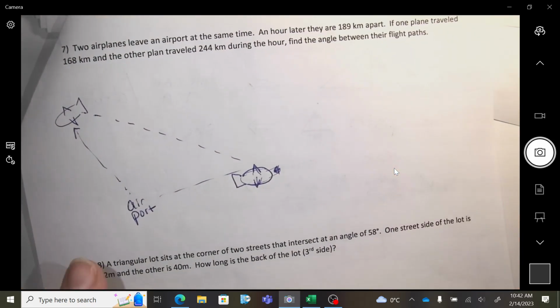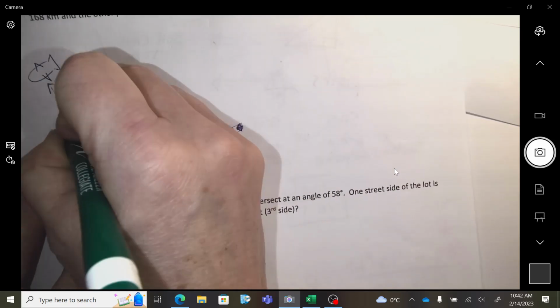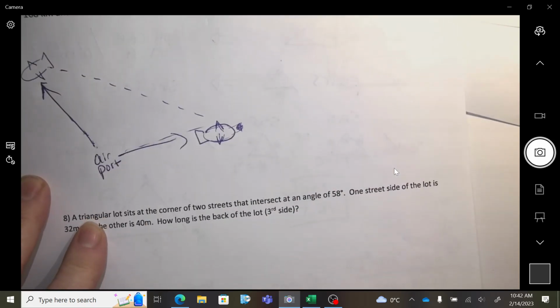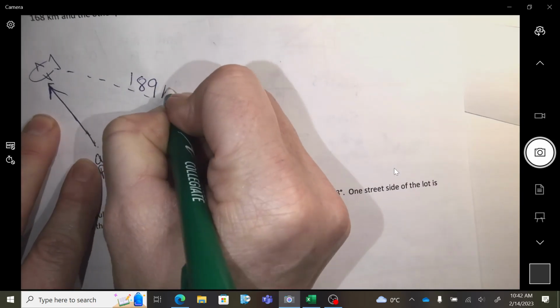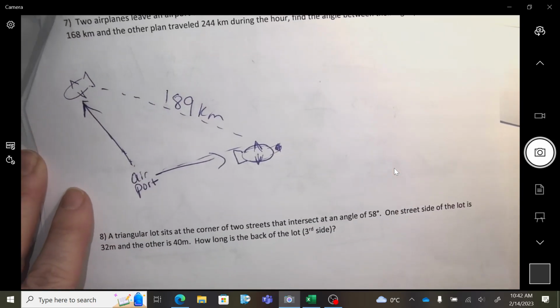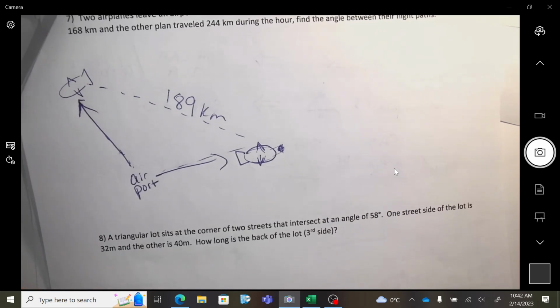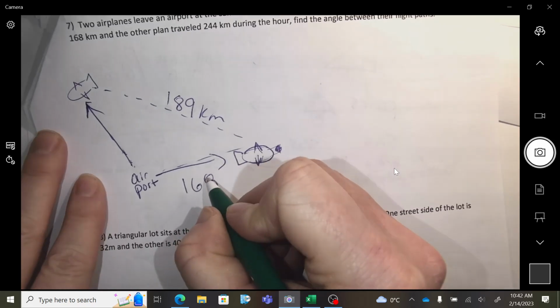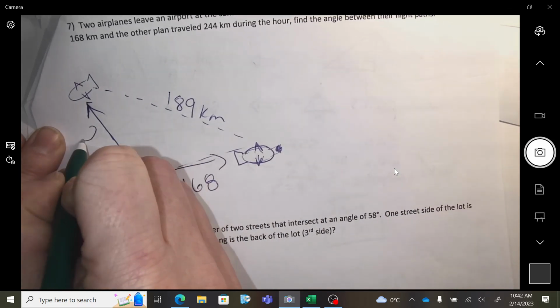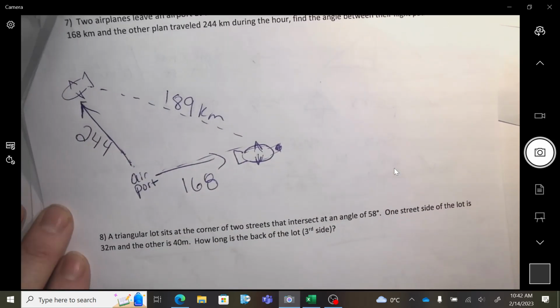Okay, they both left the airport. 1 hour later, they are 189 kilometers apart from each other. One traveled 168. The other traveled 244.